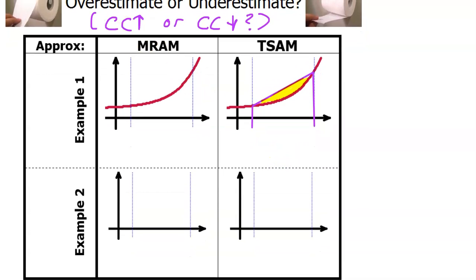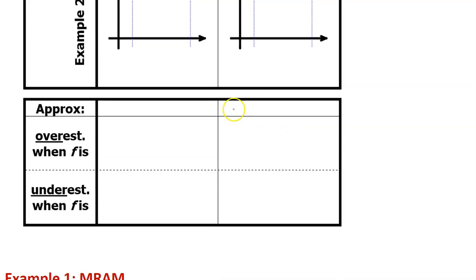So that tells us that TSAM gives us an overestimate when the function is concave up. Okay, let's write that down. So TSAM gives us an overestimate when f of x is concave up.